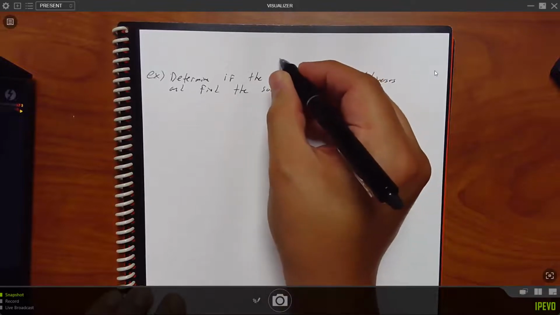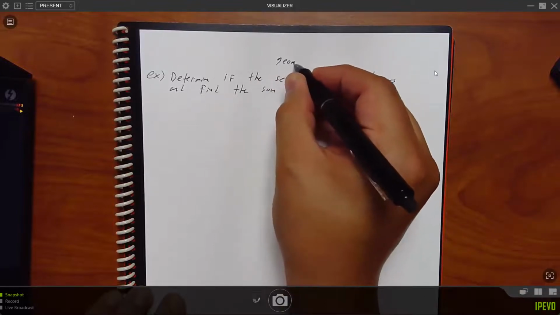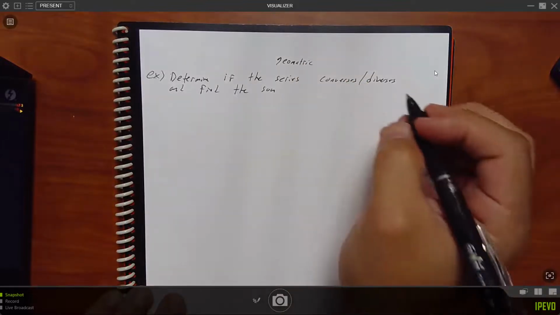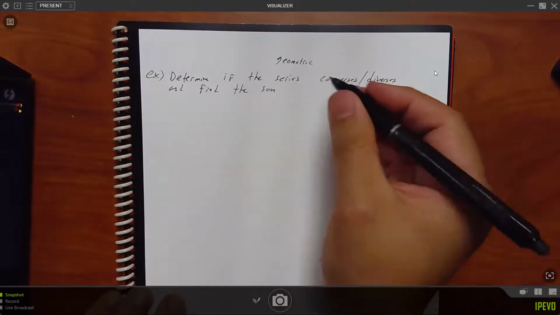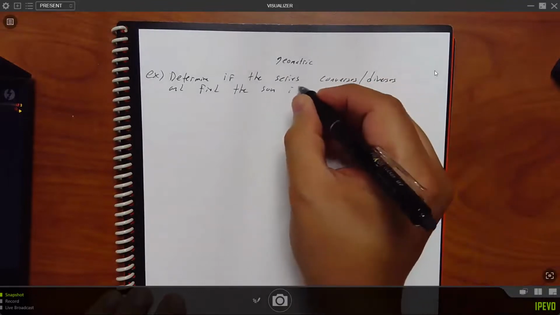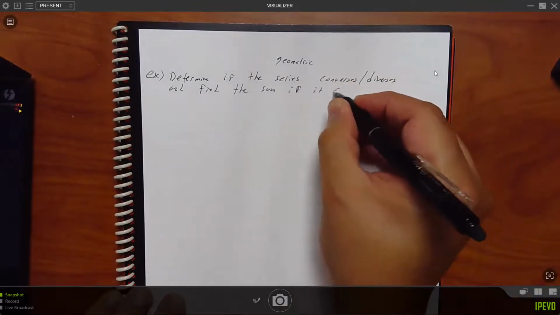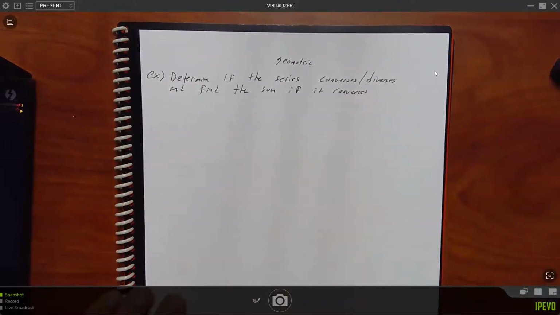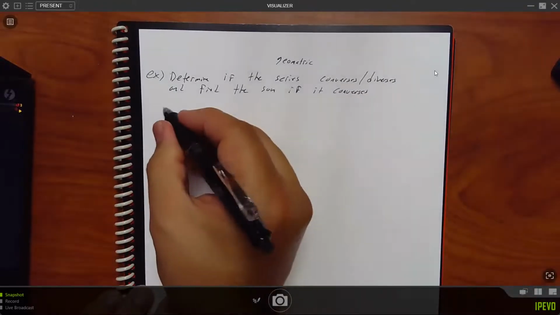Should say a geometric series. Find the sum if it converges, of course. You cannot find a sum if it doesn't converge. Here's the series.